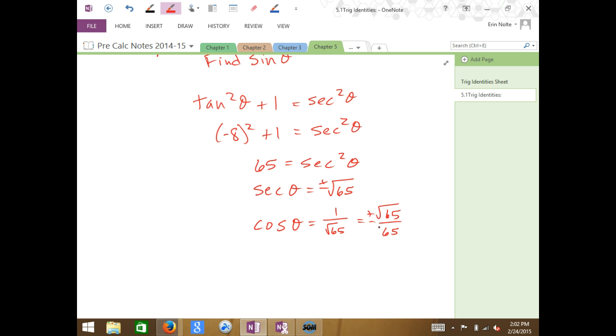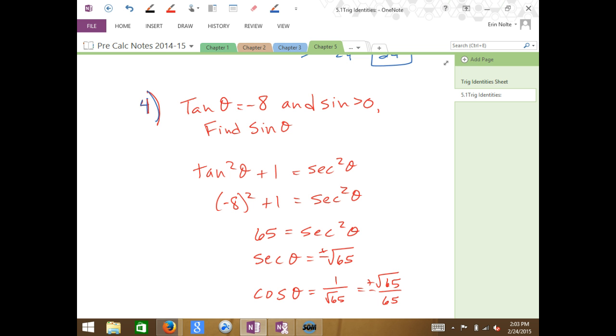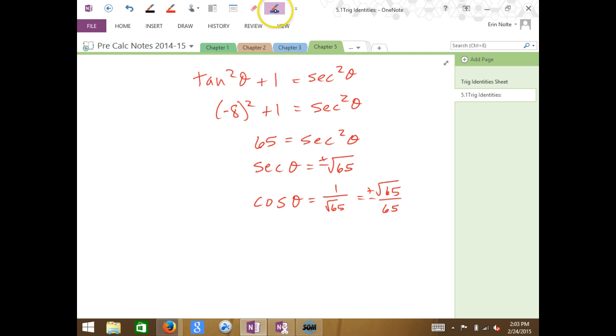Now I'm going to go back and use a reciprocal identity, because right now I have a cosine. Remember, back at the original, I had a tangent involved. So what can I use that has a tangent, a cosine, and a sine all involved? The quotient identity.